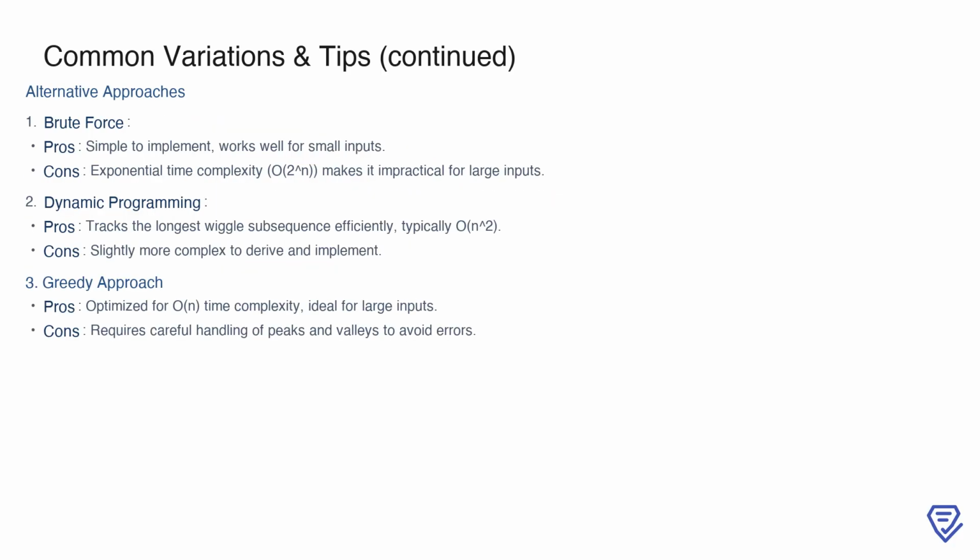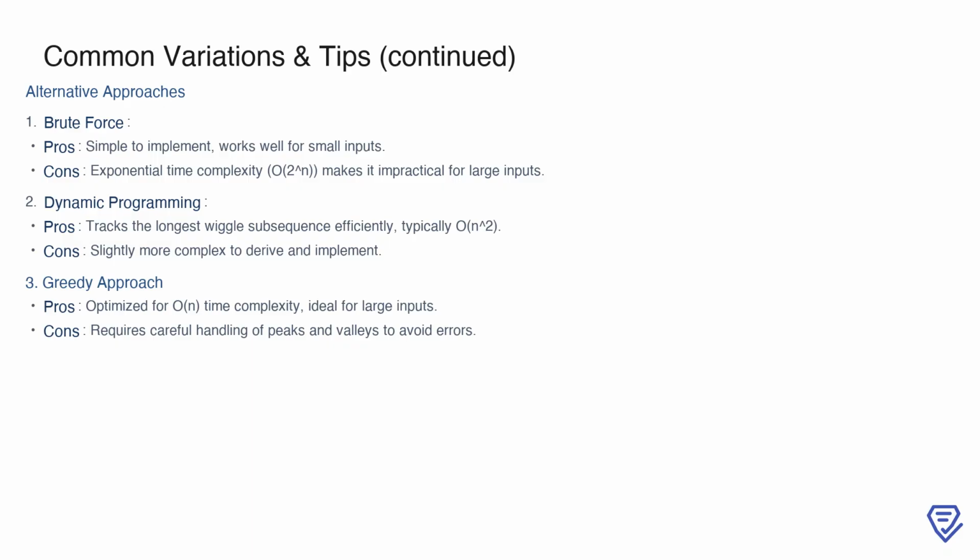When approaching the wiggle subsequence problem, it's helpful to understand the pros and cons of different strategies. A brute force approach is the simplest to implement and works well for small inputs. However, its exponential time complexity, 2 to the power of n, makes it highly inefficient for larger datasets. Dynamic programming offers a more efficient solution, typically running in n² time.